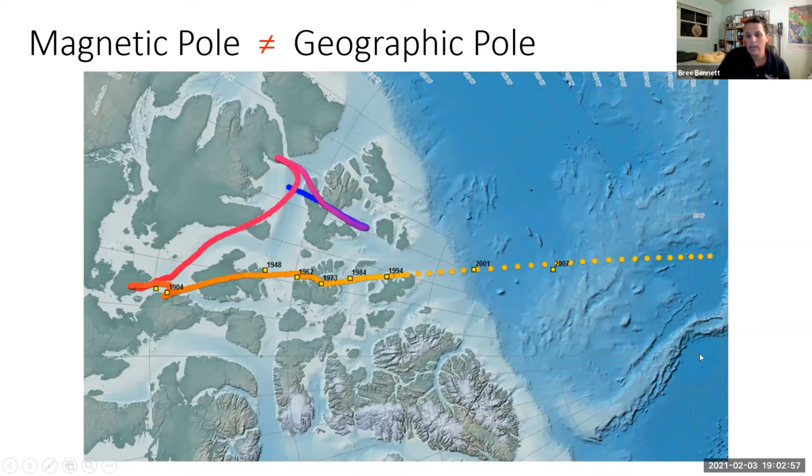Right here is our geographic North Pole, where all of our longitude lines meet, and our magnetic North Pole has been on the move. It is a moving target. Obviously not super fast, but it's getting faster. So again, our magnetic North Pole is not the same as our geographic North Pole.